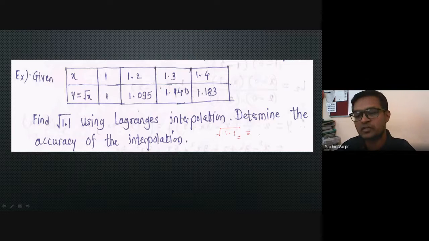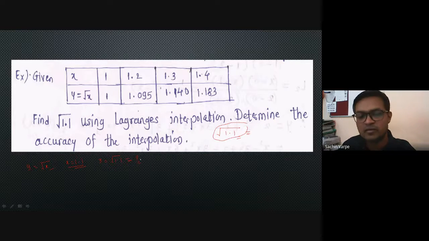We have to actually solve the polynomial to get the required value. It's interesting actually. First of all, we'll define a function. We have y is equal to root x. Once we get y equal to root x, then we'll substitute x is equal to 1.1 there to get the value of y. That means y is equal to the square root of 1.1. That will be our required answer.